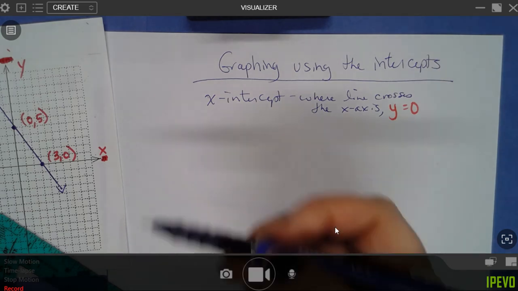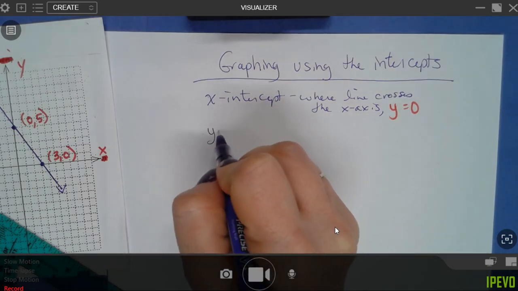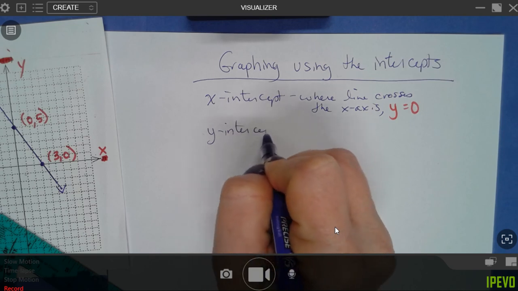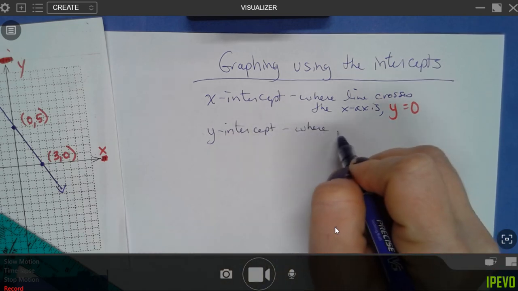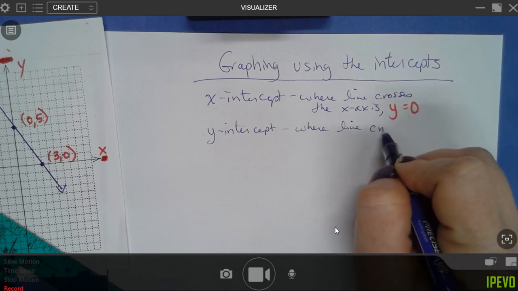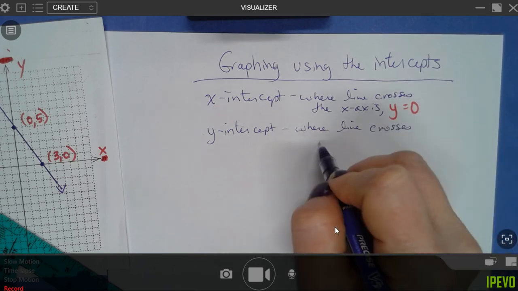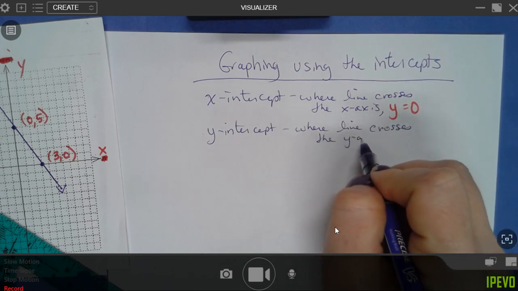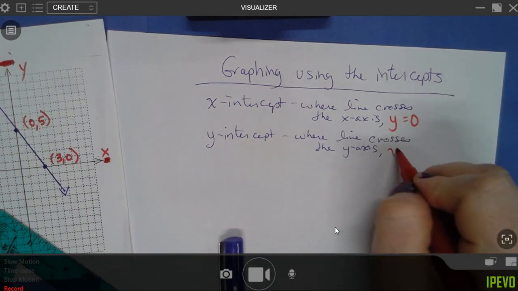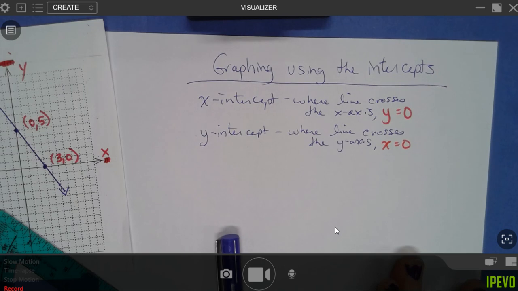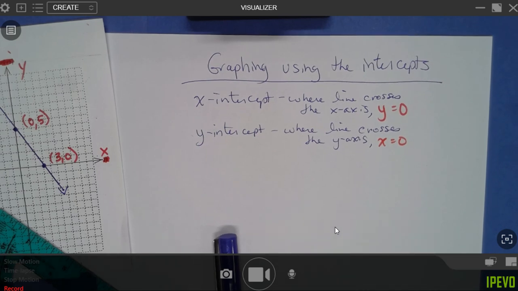We're going to use that to help us find those points. Now the y-intercept is where the line crosses the y-axis, and most importantly, x equals 0. We can use that to our advantage.